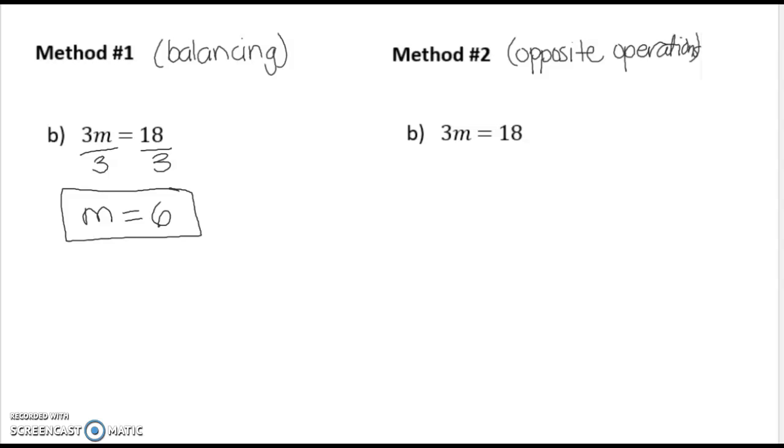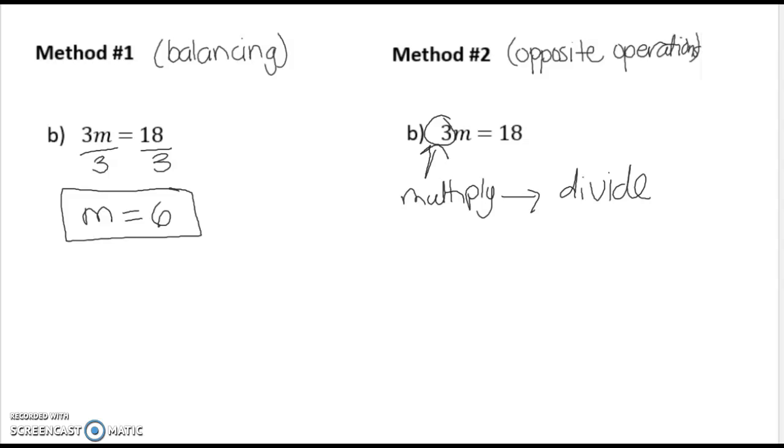All right, let's do it with the opposite operations, okay? So over here, we have multiply by 3. So this right here means multiply. If we're going to do the opposite of multiply by 3, that means we're going to have to divide.